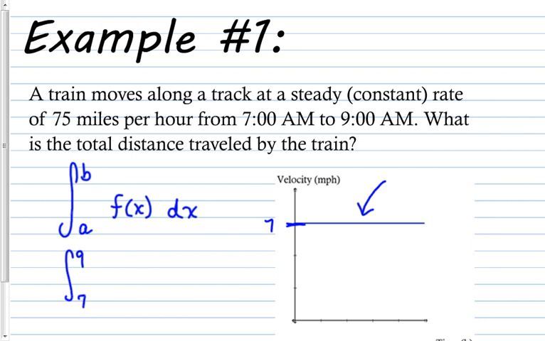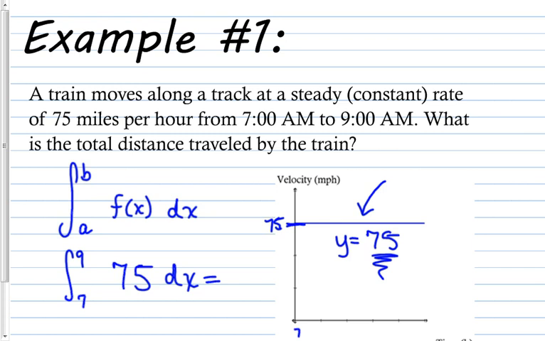Well, if this is 75, the equation of this line is y equals 75. 75 is my function. So 75, and then I am integrating with respect to x, even though there is technically no x here. And this is how we would write it, and my answer to this would be the area.